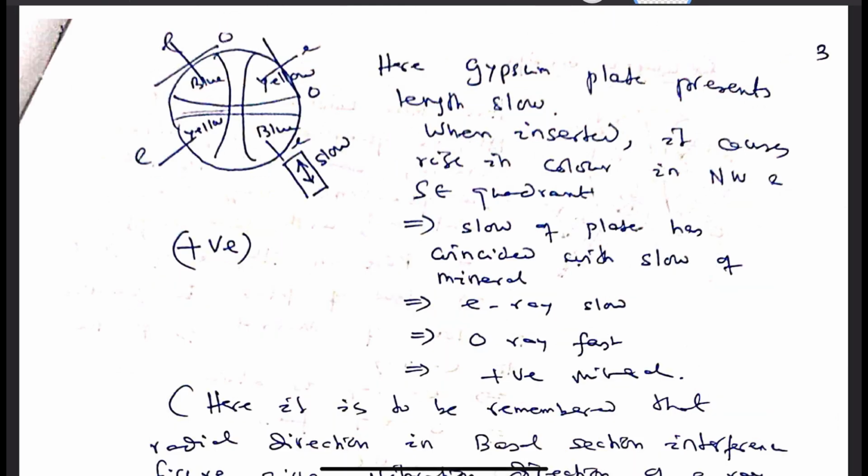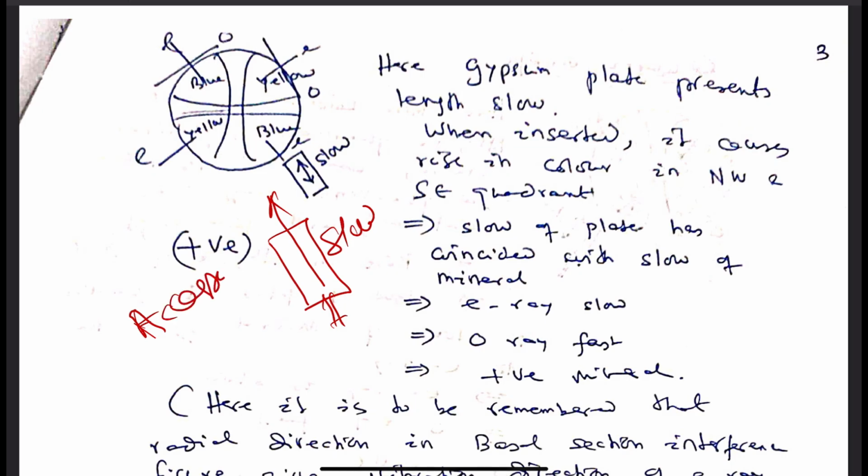If the gypsum plate is pushed with its elongation direction slow, and it is found that the blue is occurring in southeast and northwest quadrants, so there has been a help in northwest southeast quadrants. So the accessory plate has slow ray.